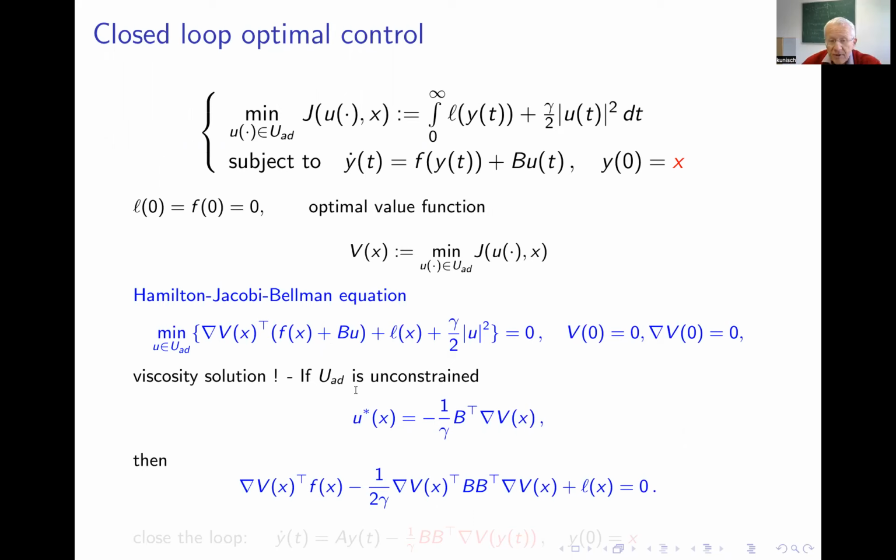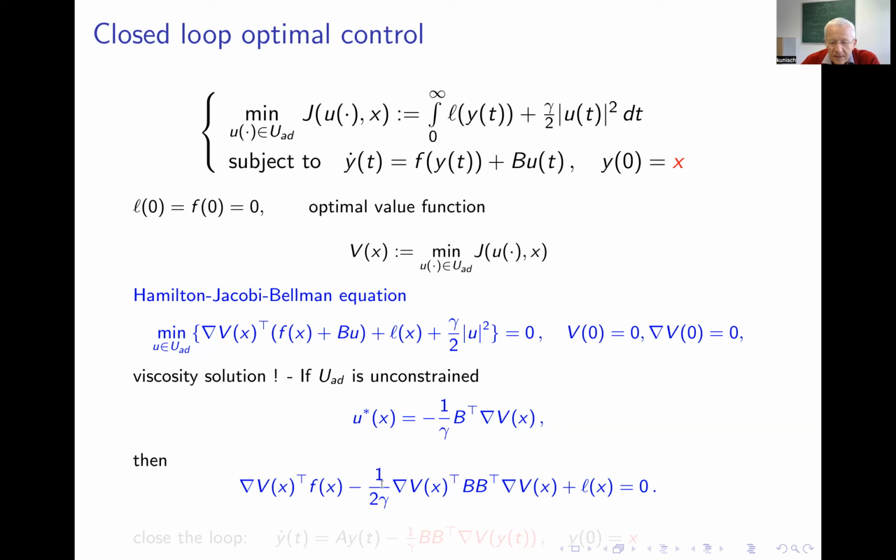In the specific situation that the admissible set of controls is all of the space, so if there are no control constraints, then we can minimize by hand with respect to U. This is affine in U, this is quadratic, so the necessary and sufficient condition, this one, we can plug U star into the equation and we get a new formula for the Hamilton-Jacobi-Bellman equation, in this situation of unconstrained control.